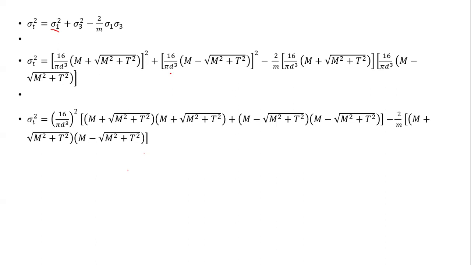Again, here I also have 16 over pi d cubed. Everywhere I look, that's what I have. So what are we supposed to do? It's simply to have it factorized from the expression. So we are going to factor it out. So that's the one. We leave it there.